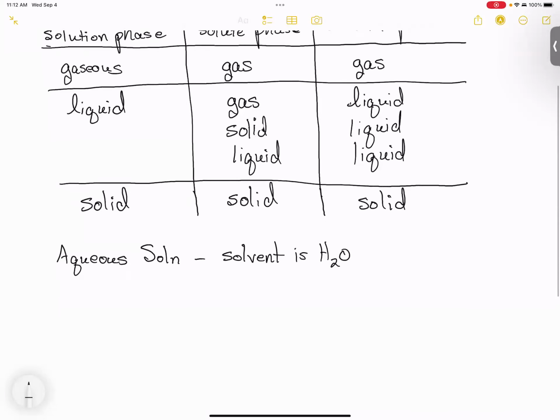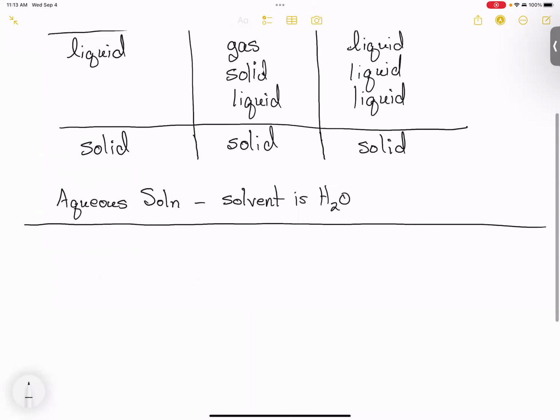Now, here's where we get into things. Basically, if you'll remember from College Chemistry 1, you had a solubility table. No, I'm not going to make you remember the solubility table. If you need it, I give it to you.